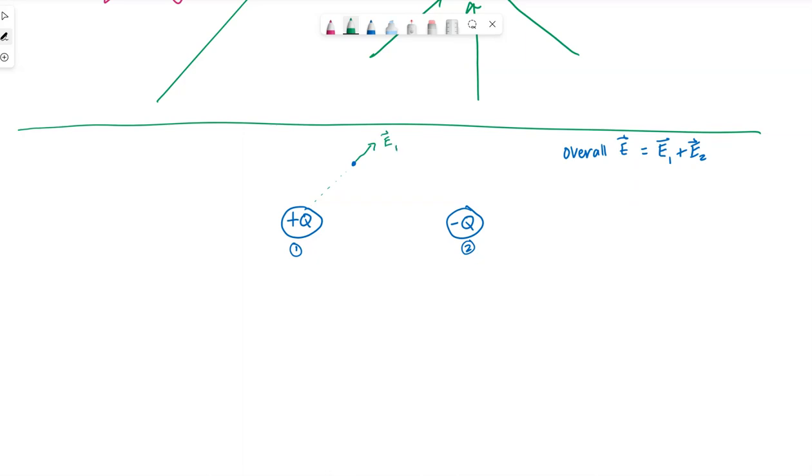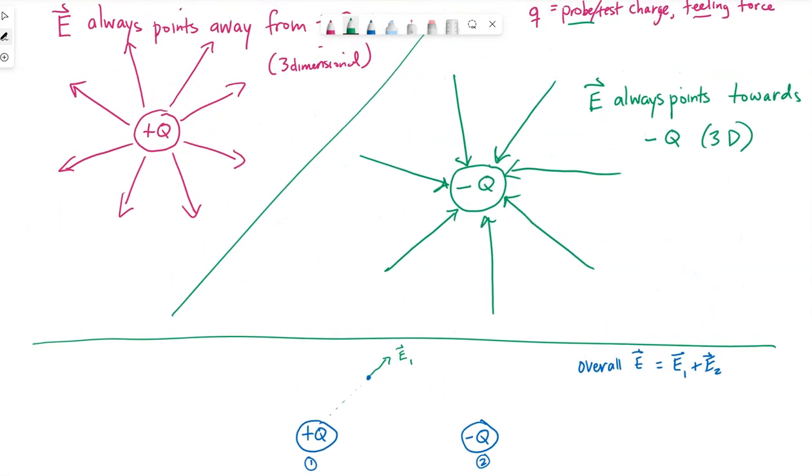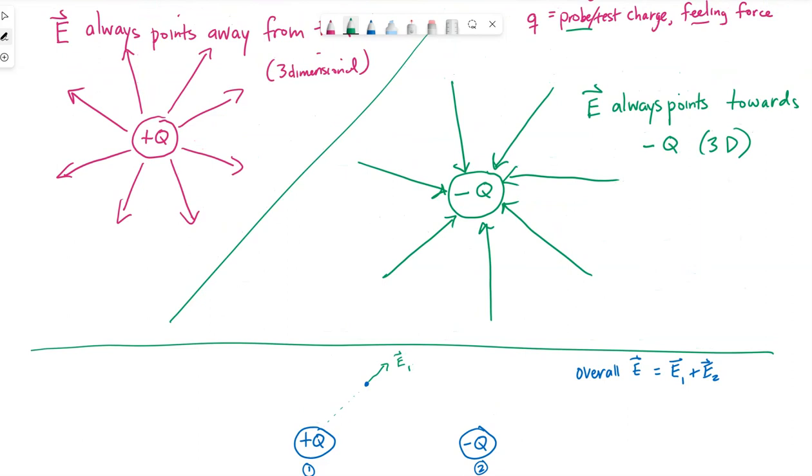That would be an E1. If we think back to this picture, I know a probe charge placed closer is going to experience a bigger force compared to a test charge farther away. That means the electric field is stronger.